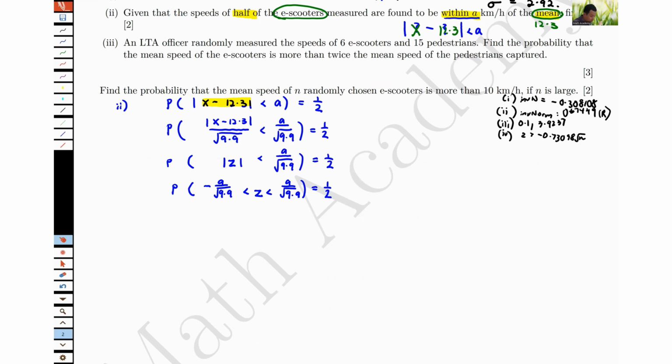Remember, in between two values, you go for center. After you inverse norm, you get two numbers. I'm going to write the one on the right; you can choose to compare the left or right. For the one on the right, we get this value for us to solve for a. So your a will be 2.12.